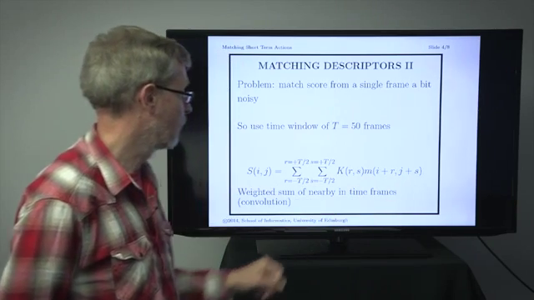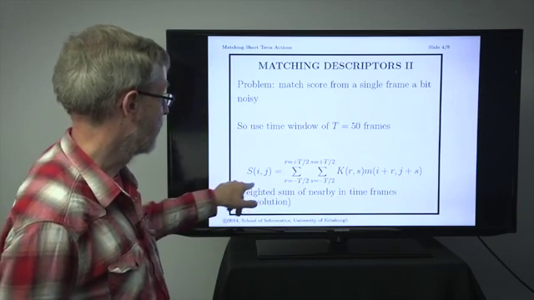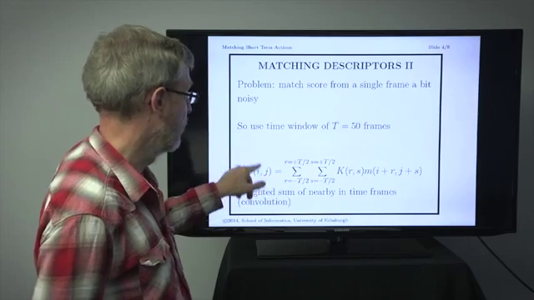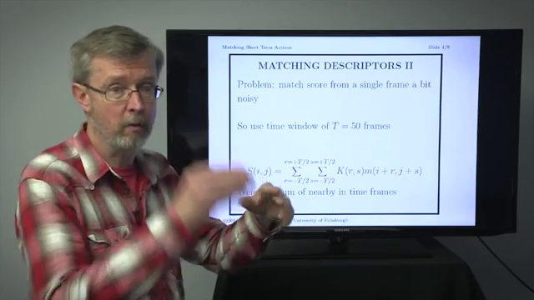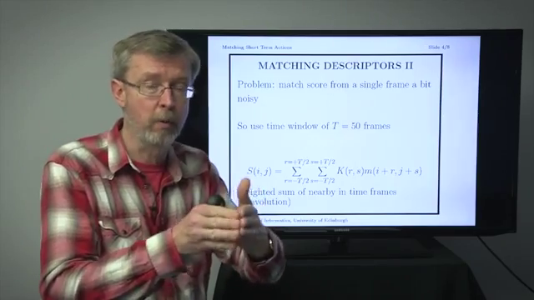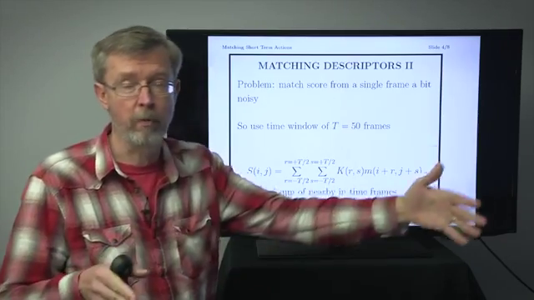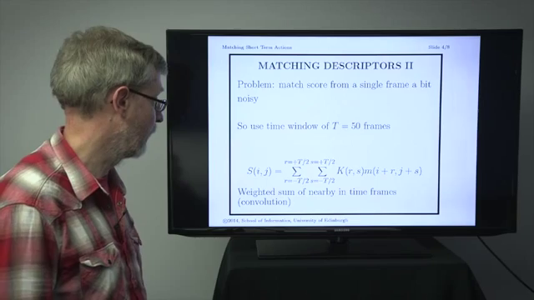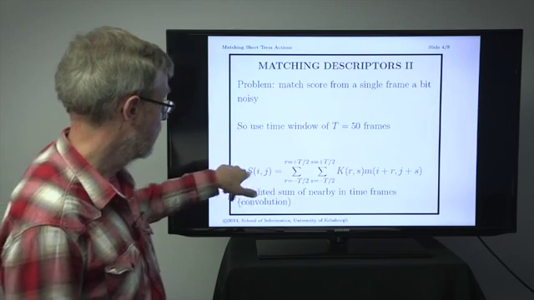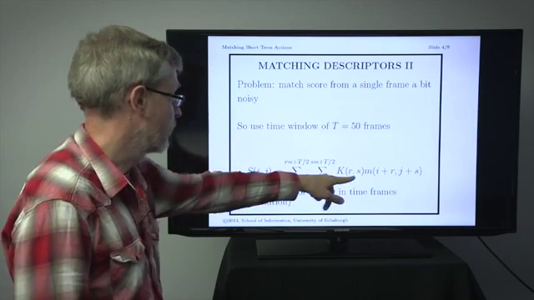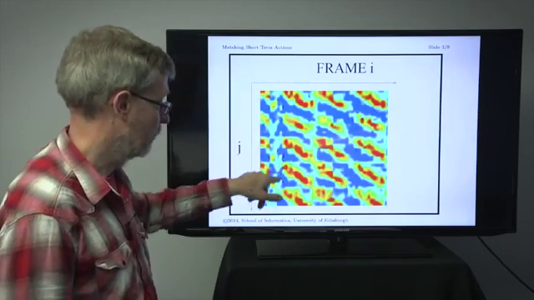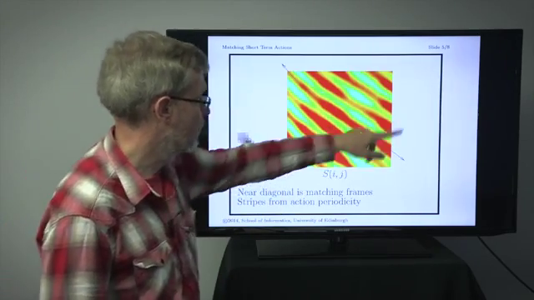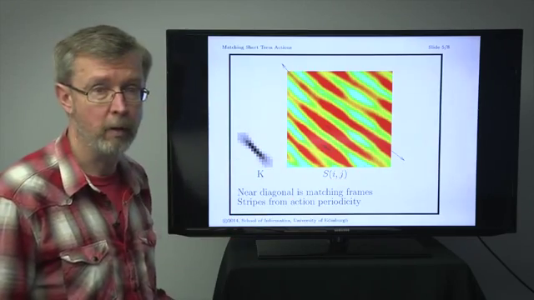So we do our weighted sum of all of this, and that gives us a better idea of how well frame I and frame J match together, taking account of not only that particular frame, but also the frames before and the frames after in a weighted way. And by applying this convolution function to the original data, that's what gives us this data right here.